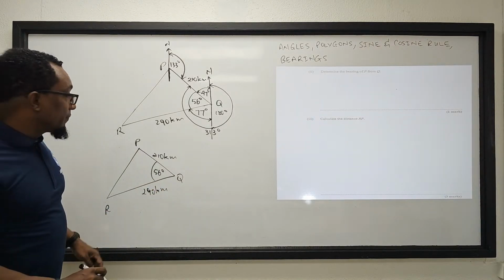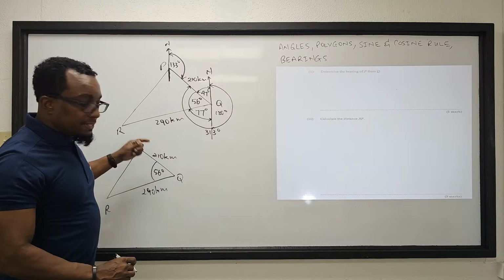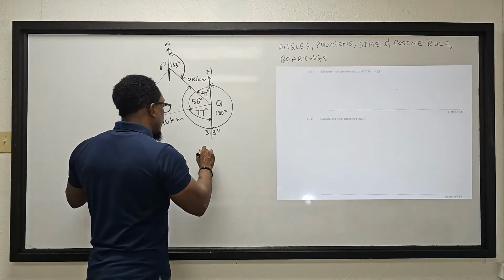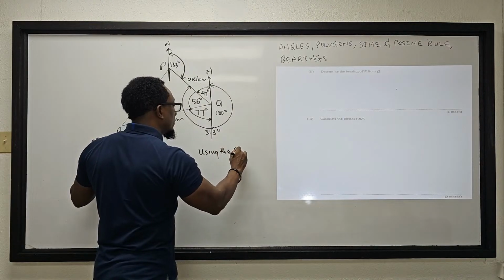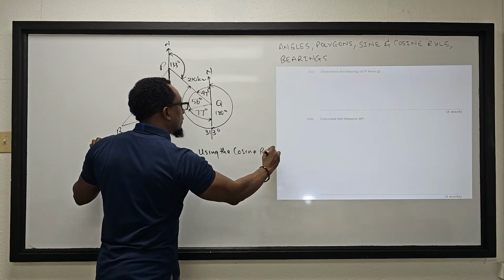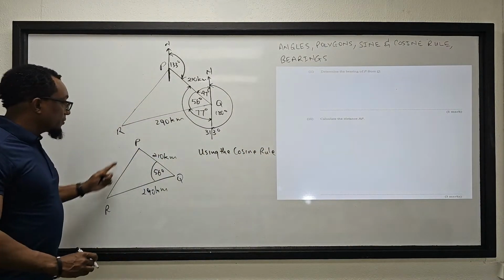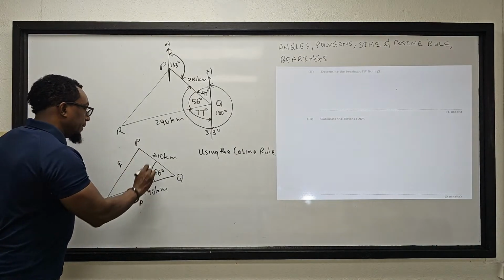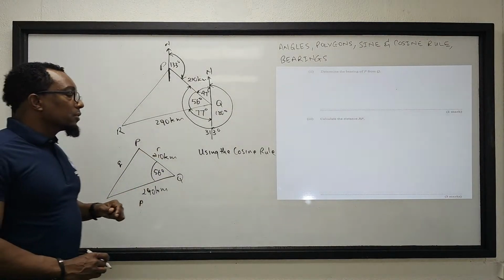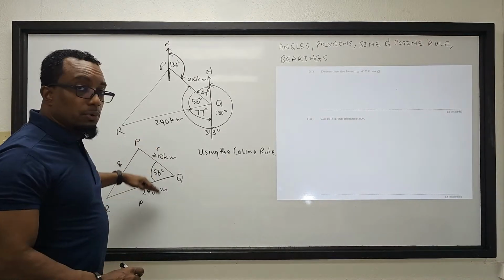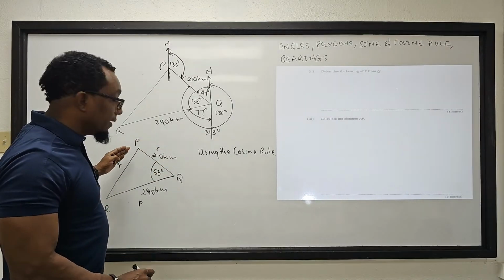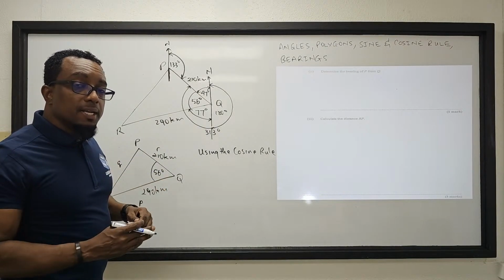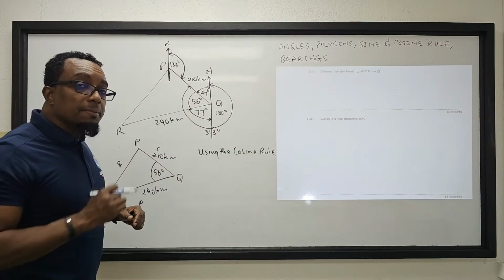What do we observe? We have information for two sides and the included angle. So we're using the cosine rule to help us to find this distance RP. So I'm going to label small q, small p, small r. So using the cosine rule, because we have two known sides and the included angle, to find the unknown side, always the opposite. Two known sides and an included angle, that's the cosine rule.